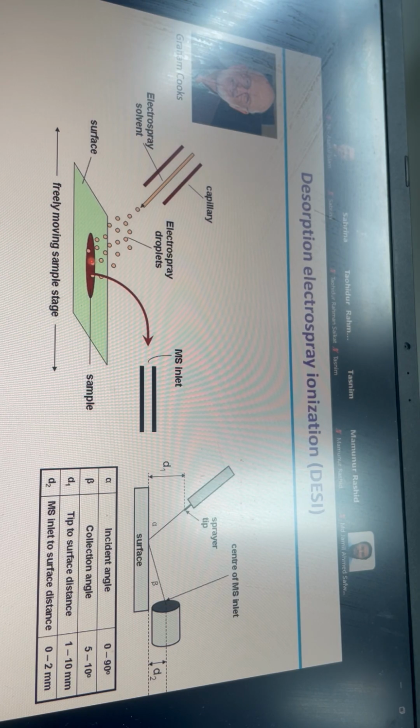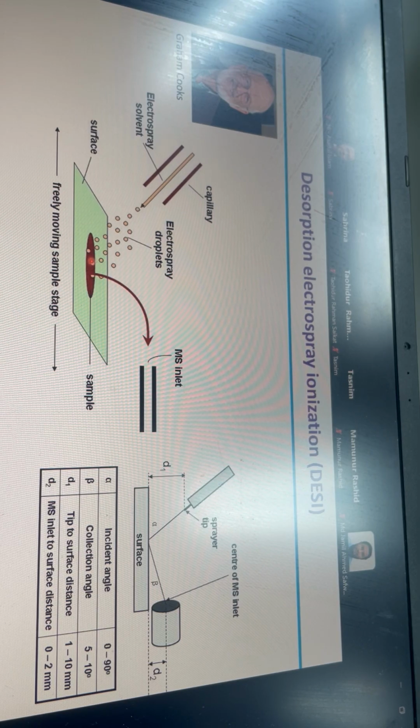So you hit and then you collect mass spectra from the cancer and non-cancer parts, or maybe the cancer is not spread throughout the tissue. So you need to see how large the tissue area affected by the cancer is.